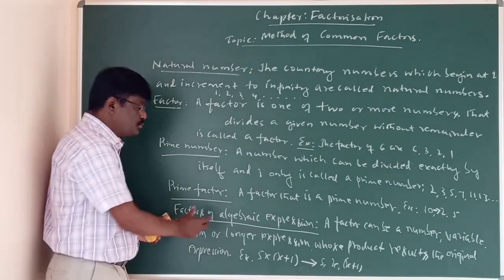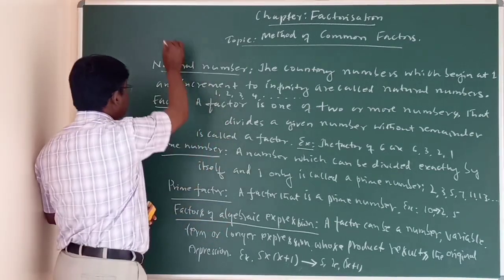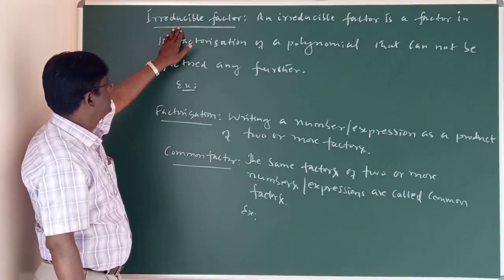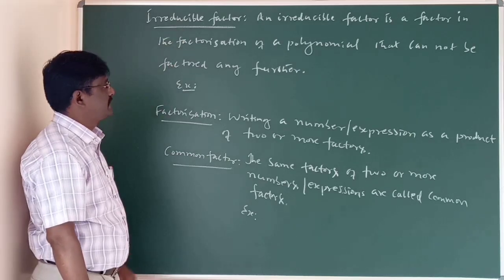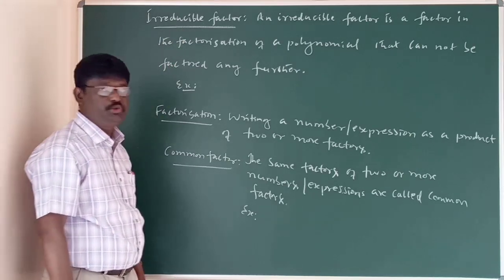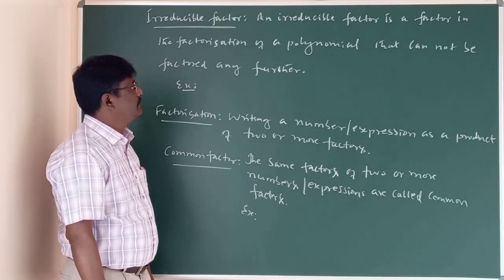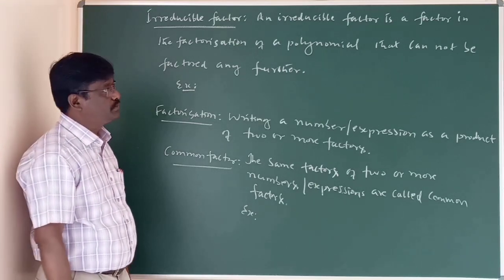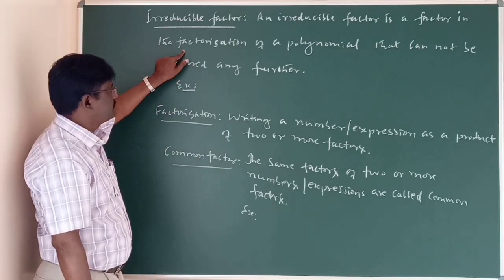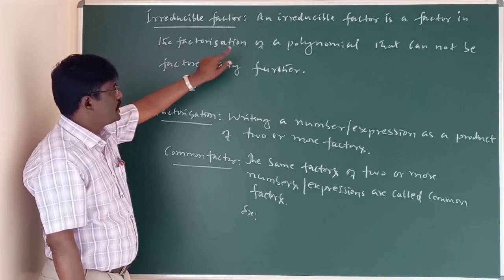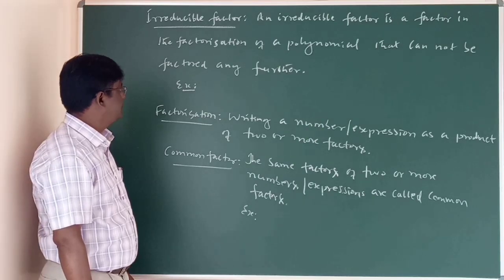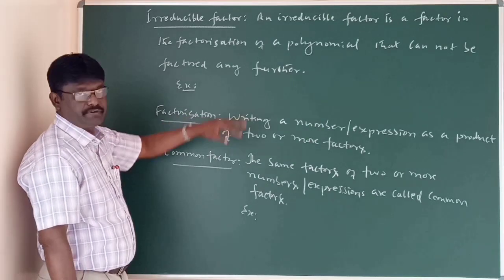We have two more important terms. Okay, children. Next, another important term is irreducible factor. What is an irreducible factor? An irreducible factor is a factor, and now we are very clear about factor, in the factorization of a polynomial that cannot be factored any further.